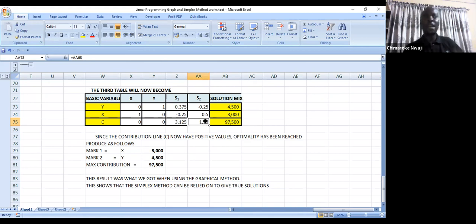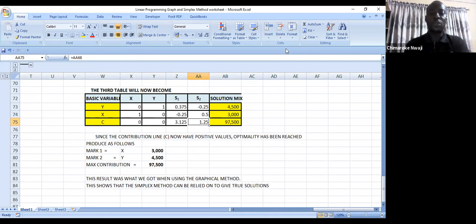So you'll be asked to formulate the initial table and you'll be asked to interpret the final table. So these are the two places where you should bother most. Interpret the final table. That's all.